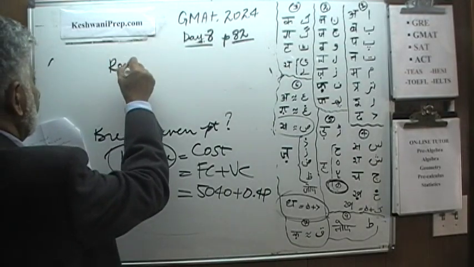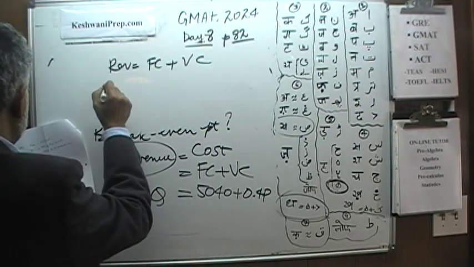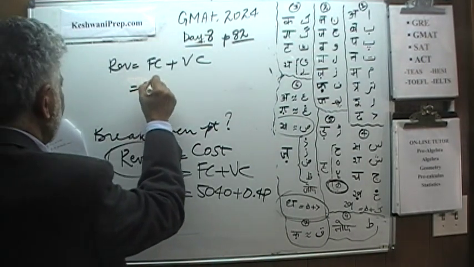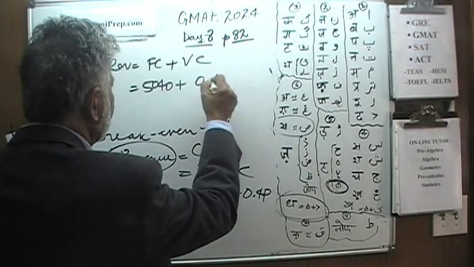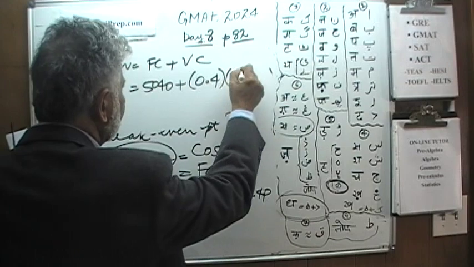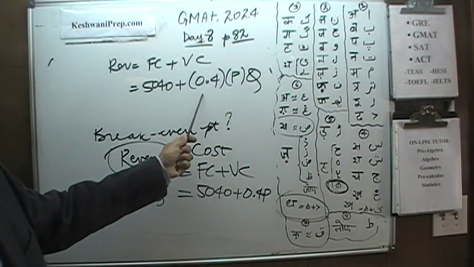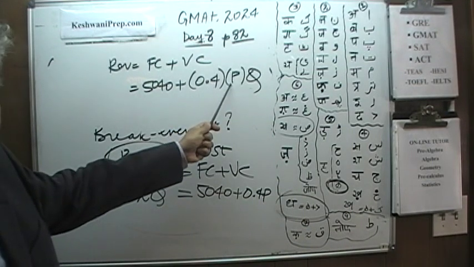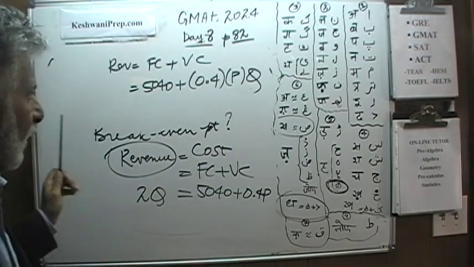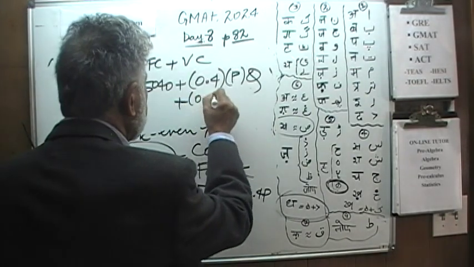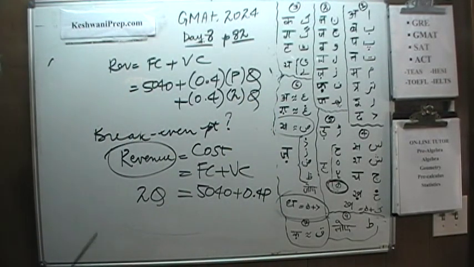The revenue has to equal fixed cost plus the variable cost. The fixed cost is 5040 and the variable cost is 40% of the price times the quantity. That's the variable cost. The variable cost is 40% of the price for each unit that we're producing, and we're producing Q units. The price is $2, so it's 0.4 times 2 times Q. Now it makes sense.